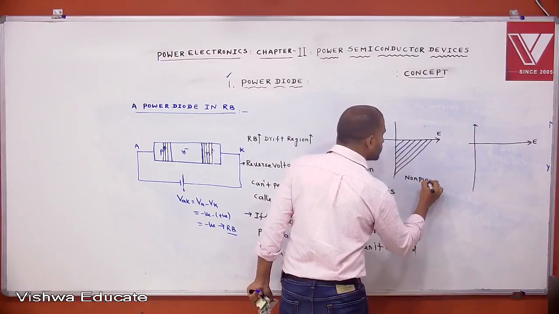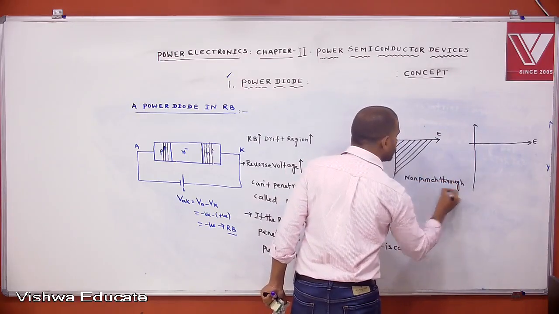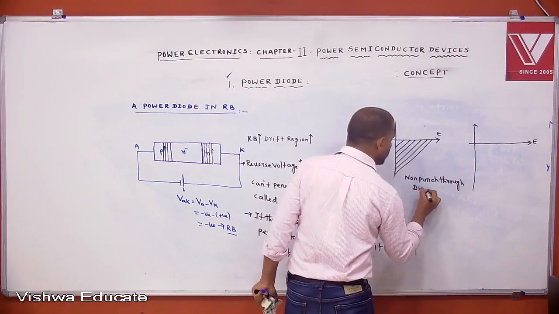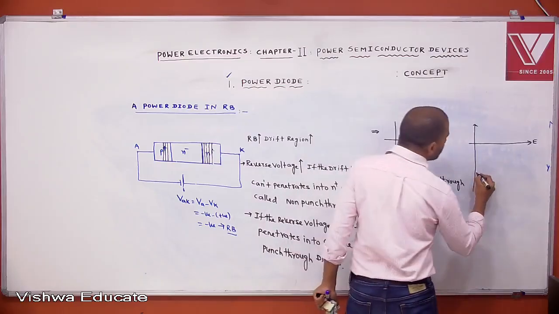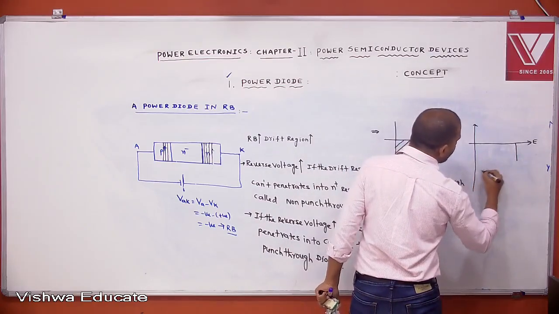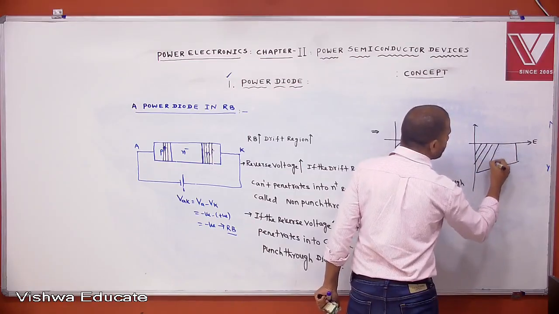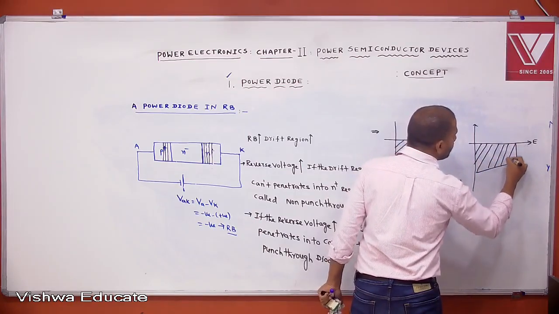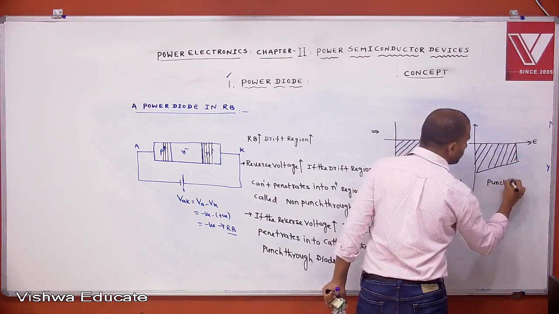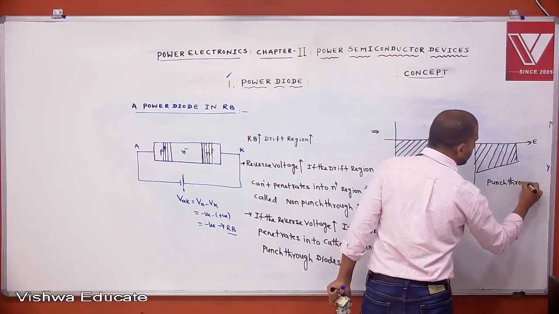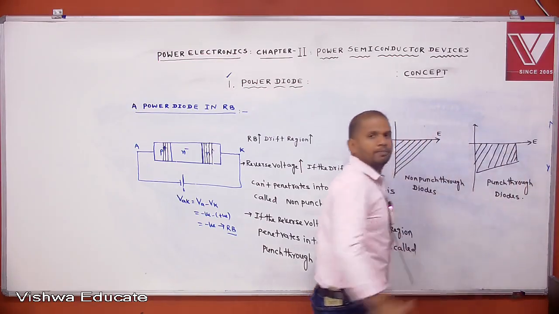Then this is the electric field variation in the case of punch through diodes.